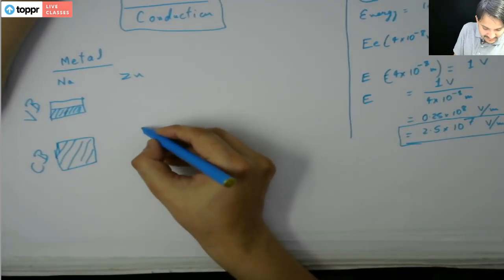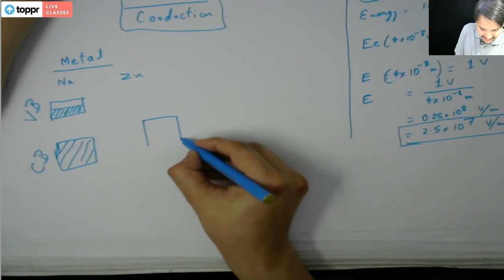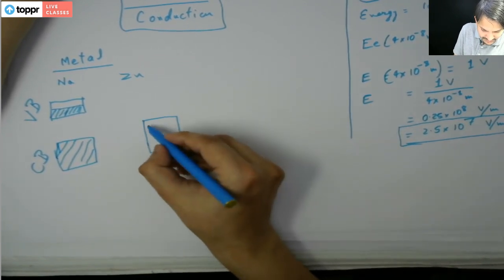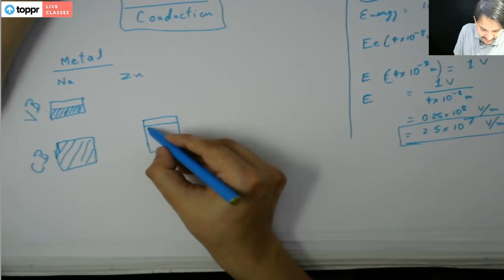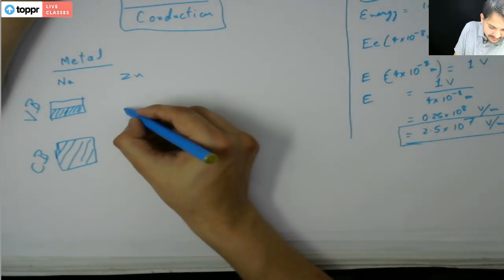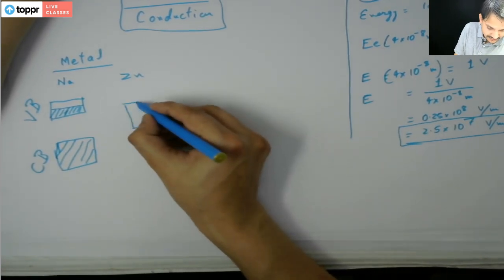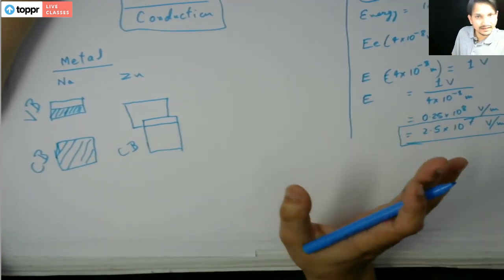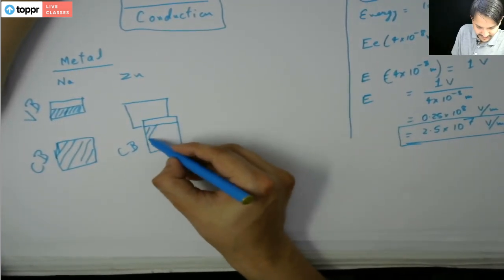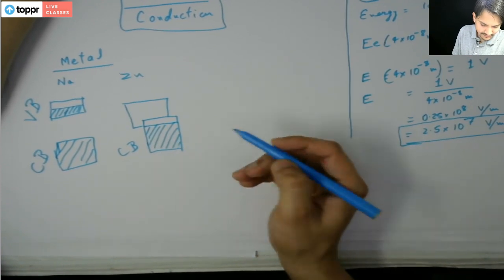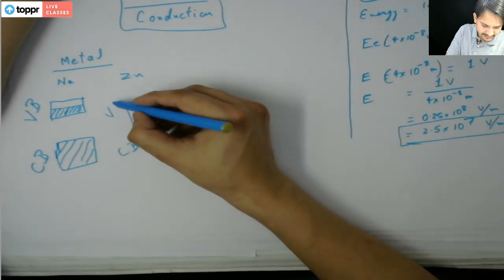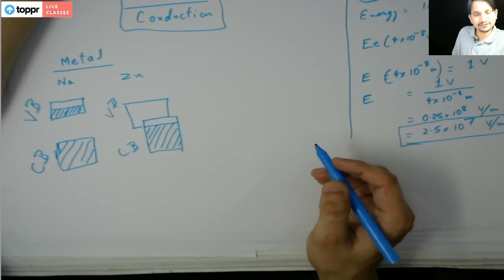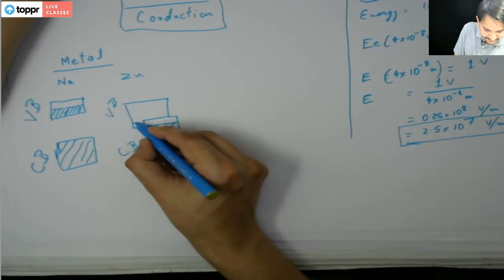But still, these have similar properties in terms of conduction of electrons. So what happens with these type of electrons? You see, the conduction band is almost completely filled. The valence band is also almost completely filled.